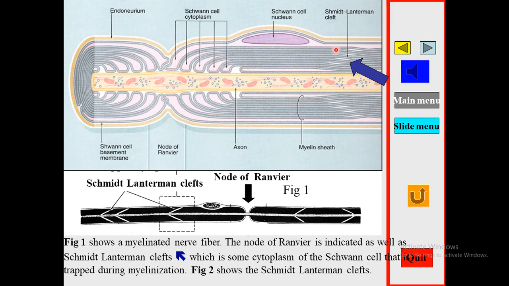Also, there are some locations which are called Schmidt-Lantermann clefts, as we can see those spaces, and usually those spaces form a cleft. This cleft forms an arrowhead. This is the arrowhead. Those are called the Schmidt-Lantermann clefts, where the membranes of the Schwann cell are not completely opposing each other.